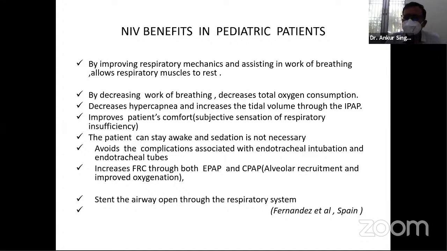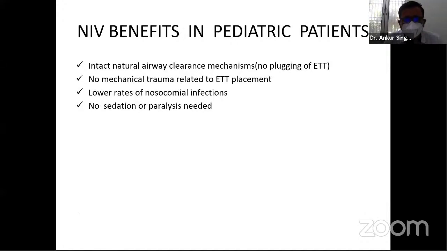All the complications of endotracheal intubation like barotrauma, local trauma, volutrauma and infections are avoided or overcome by NIV. A word of caution here: we need not sedate or paralyze the child whenever we are putting them on NIV, and spontaneous respiration is a prerequisite before putting any child on NIV.